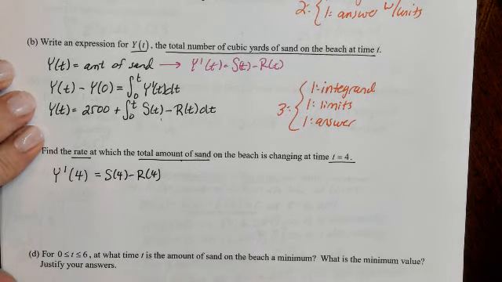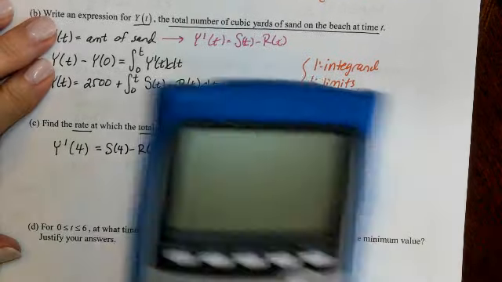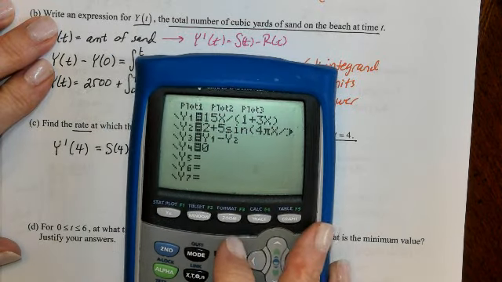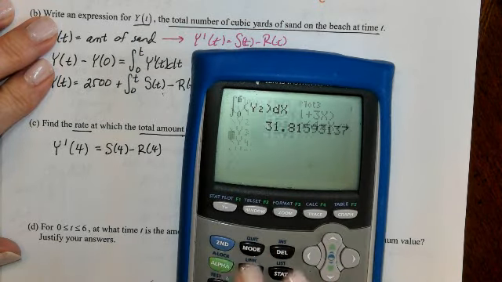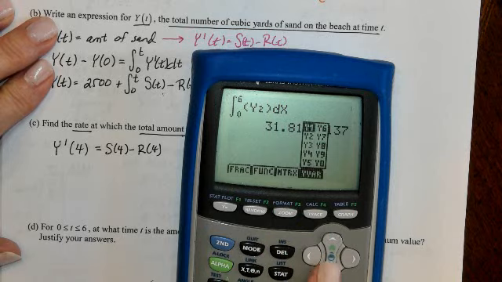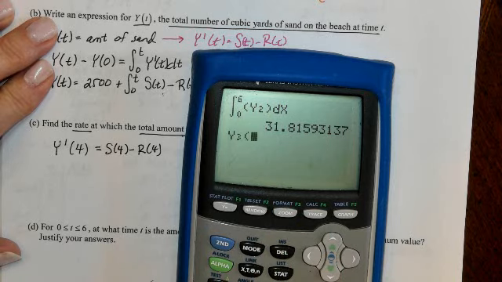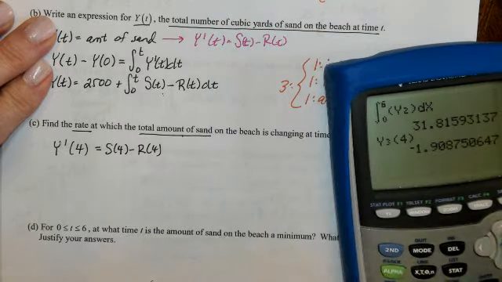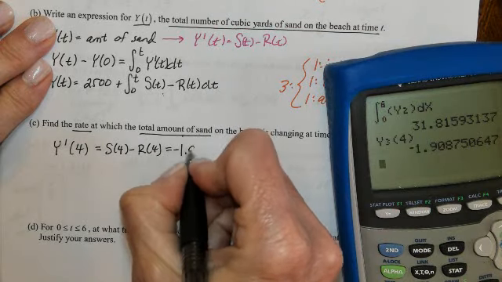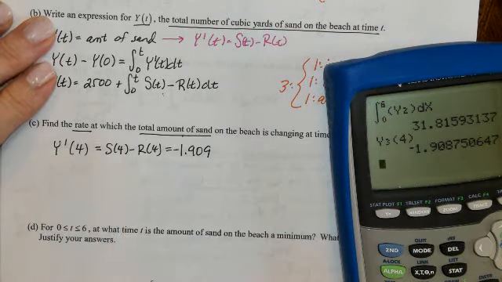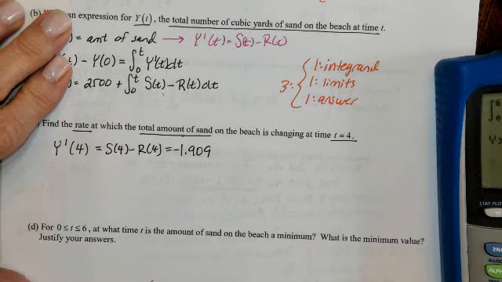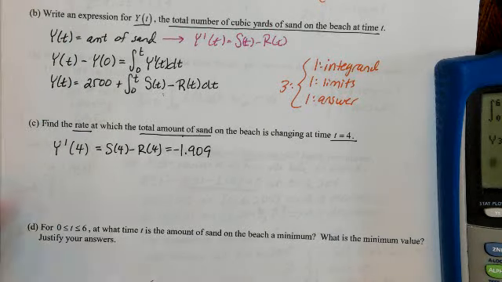It's also our Y3, because Y3 is S minus R for us. So I can just do Y3 at 4. So negative 1.909. Or they would take negative 1.908. So this was just worth 1 point for the answer.